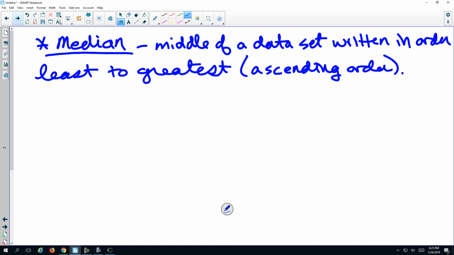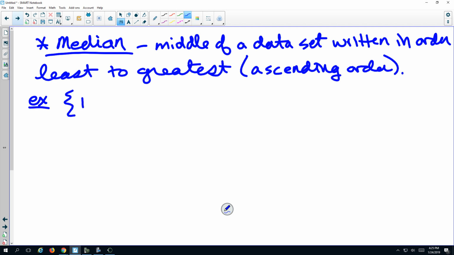So if you write all your data in order from least to greatest and find the middle value, it's called the median. Two ways to calculate it. So we'll do two different examples.